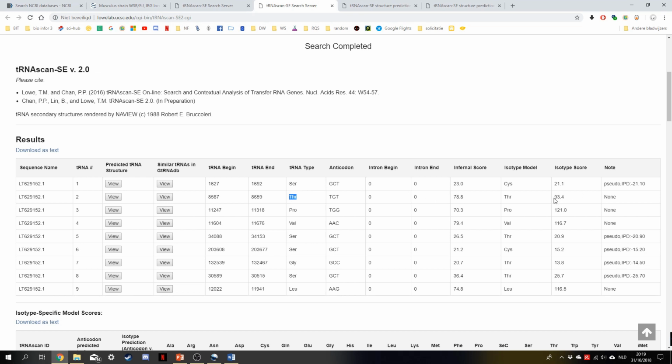Now there was a second way to determine the isotype, and the second way was via the usage of the second scan of the search model.